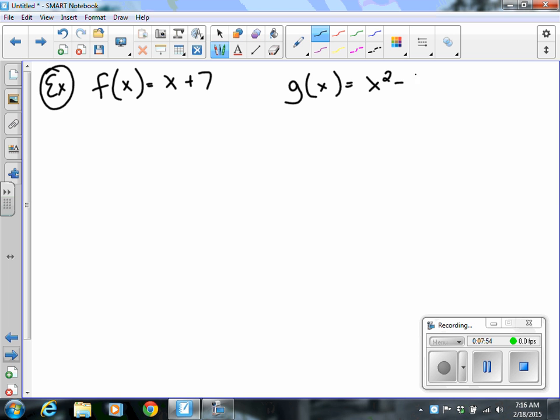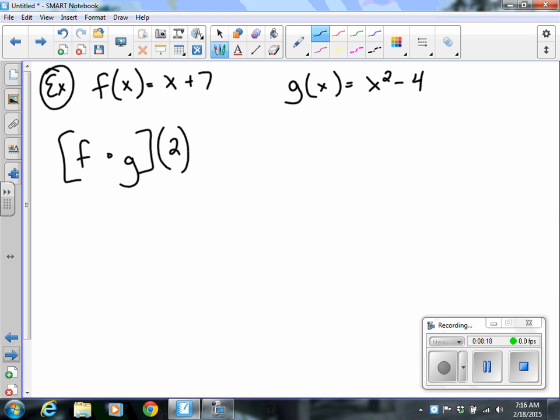G of x is x squared minus 4. We're going to have a composite of G to F of the value of 2.